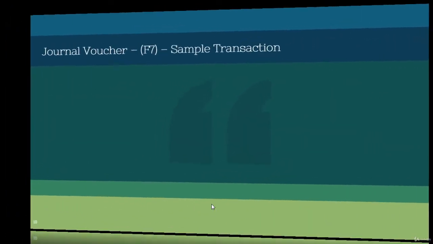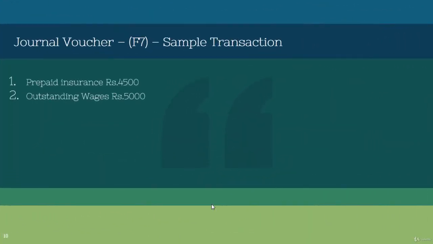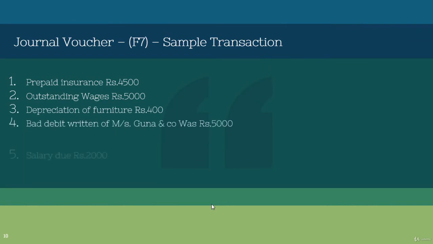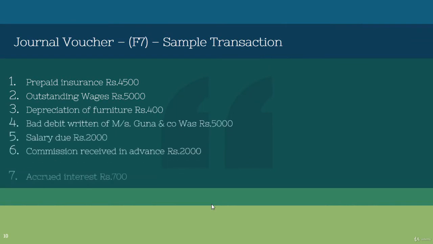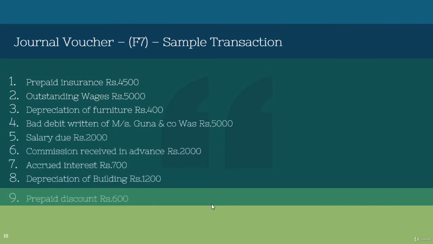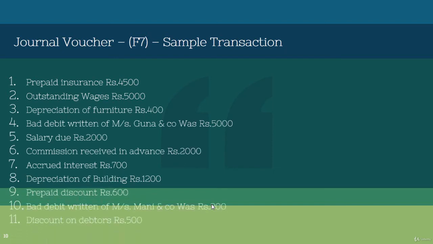Sample examples: prepaid insurance 4,500, outstanding wages 5,000, depreciation on furniture 400, bad debts written off Guna company 5,000, salary due 2,000, commission received in advance 2,000, accrued interest 700, depreciation on building 1,200, prepaid discount 600, bad debts written off Manico company 200, discount on debtors 500.